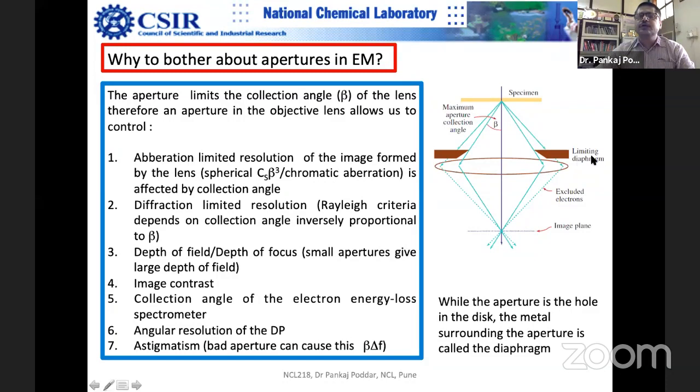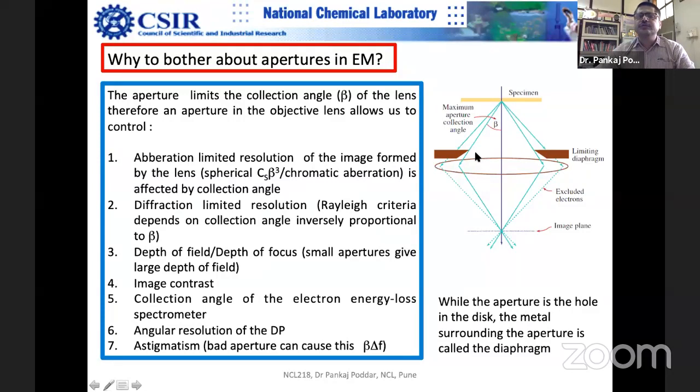Okay, so this is called the limiting aperture. Limiting means you can see that the size of the aperture decides the maximum collection angle. So your beta is also decided by the distance between aperture and specimen, which is normally fixed. But suppose it's not a specimen, but a lens. If you change the strength of this lens, then you can change how this beam converges or diverges.